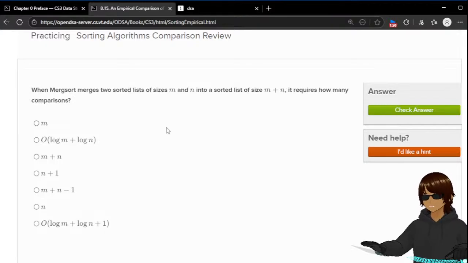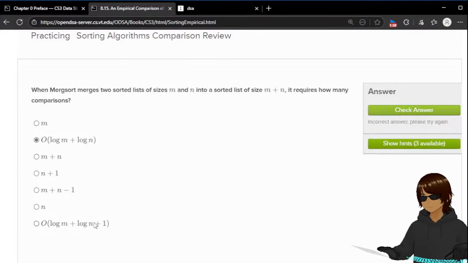When the merge sort merges two sorted lists of size m and n into the sorted list of size m plus n, it requires how many comparisons? It needs to compare both m and n, right? So m, isn't it this? Or this?